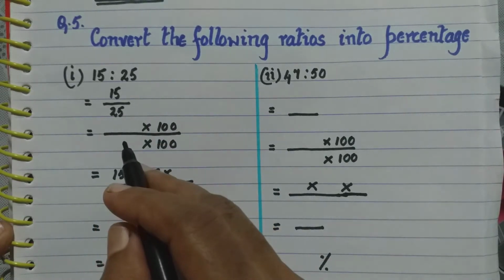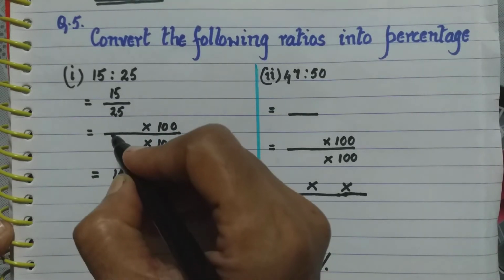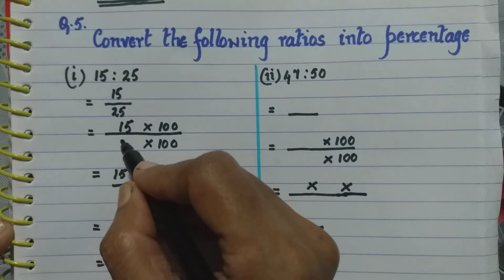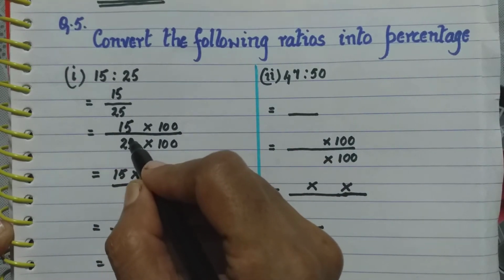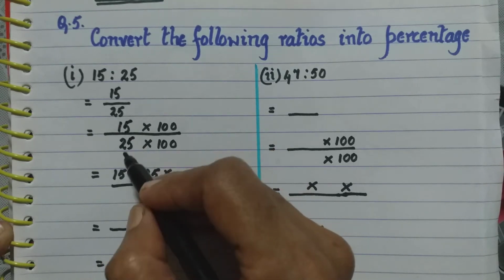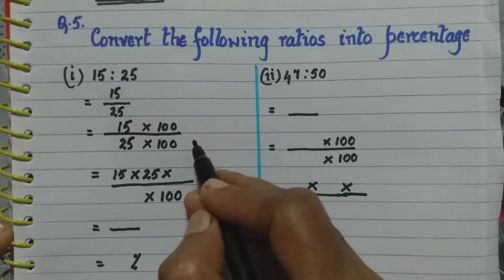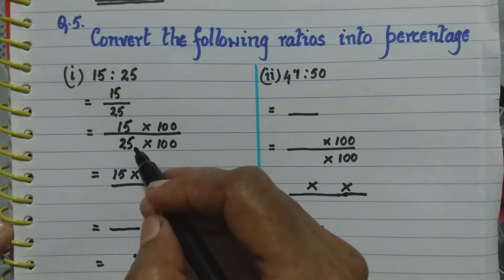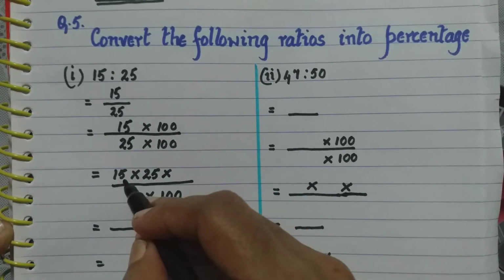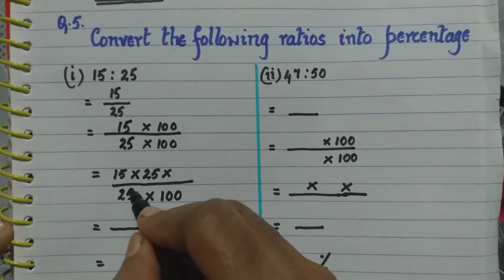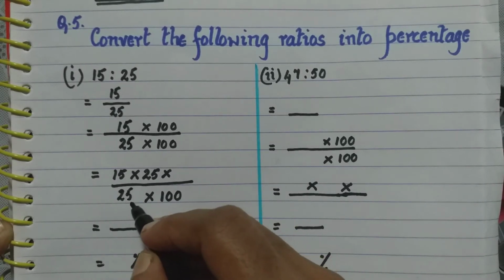Now here I have 15 upon 25, so I write here 15 upon 25. Now as I told you, we can make factors of 15, 25 and 100, but this 100 will be left as it is. So I write 15 as it is, and I write 25 as it is. Why do I write 25 as it is?